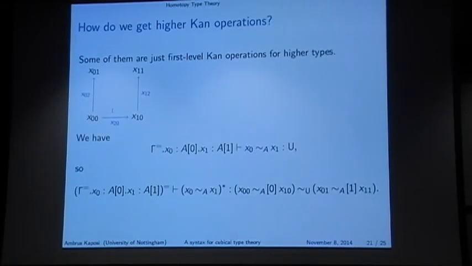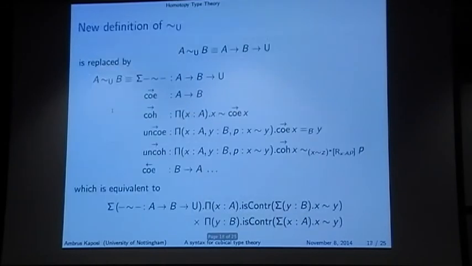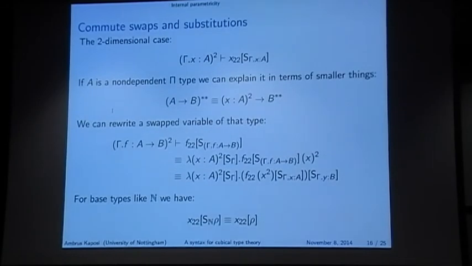There's one thing that I'm not talking about here, which is the most subtle part of this construction. Just as I had to do some tricks to compute these swaps for any type, for pi types I had to do this trick to commute substitutions with the swaps.